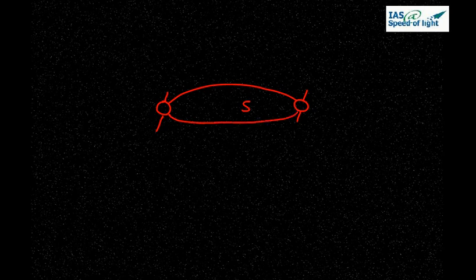Now what this elliptical orbit is doing for Earth is, at one point of the year it is closer to the Sun, and at another point of the year it is farther from the Sun. Let's go to this point where it is closest to the Sun, and this point we call perihelion. Perihelion means being closer to the sun.